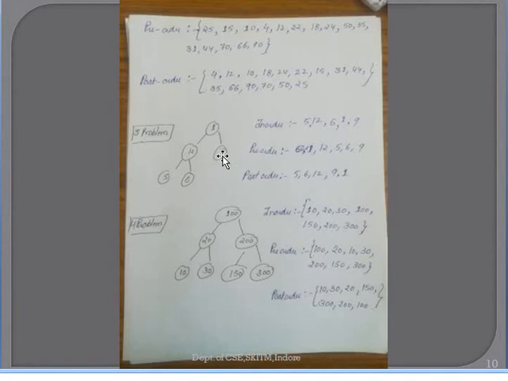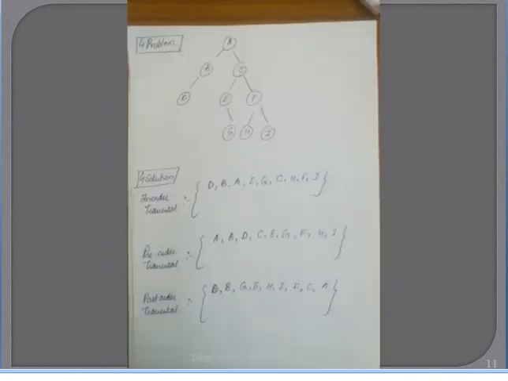We can easily determine this problem also. If we consider one more example, the in order traversal is D, B, A, E, G, C, H, F, I.